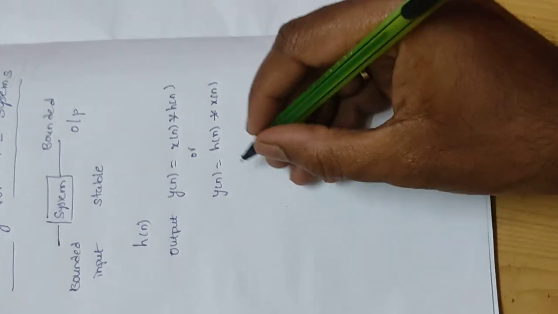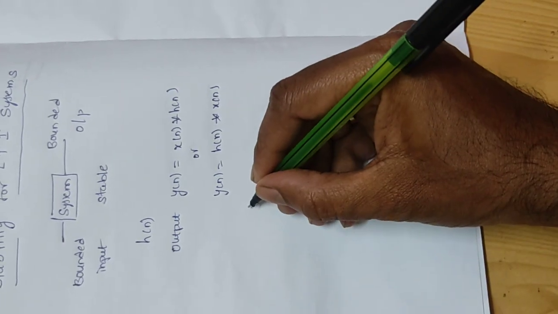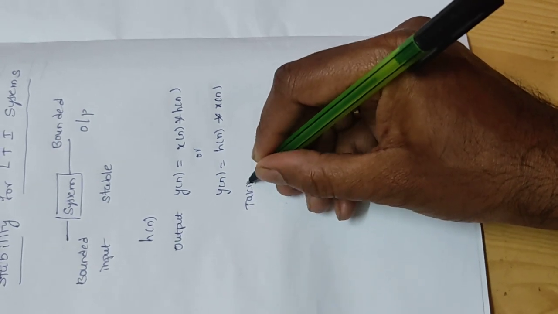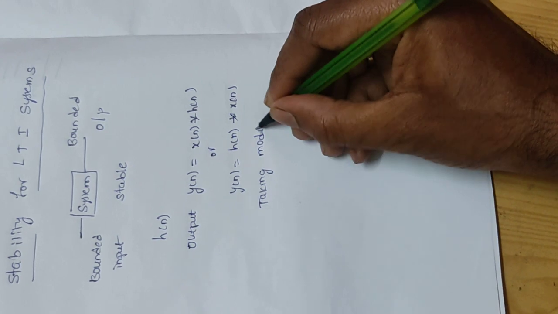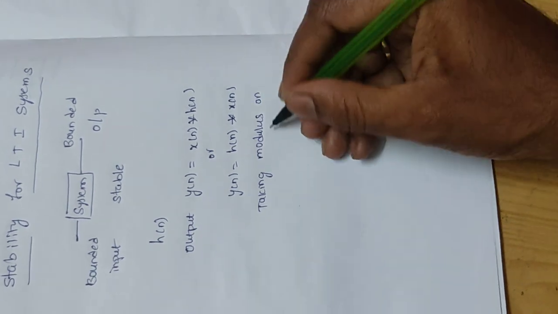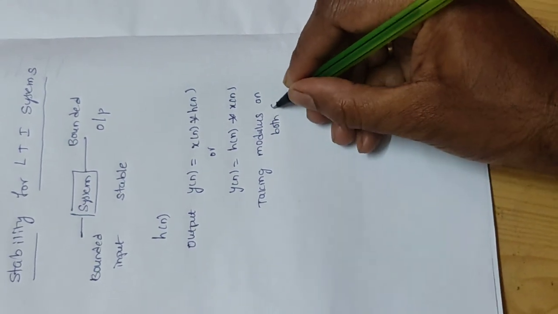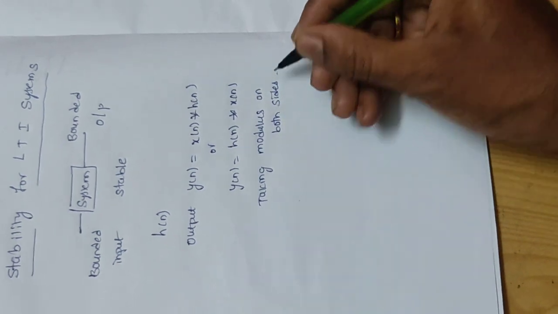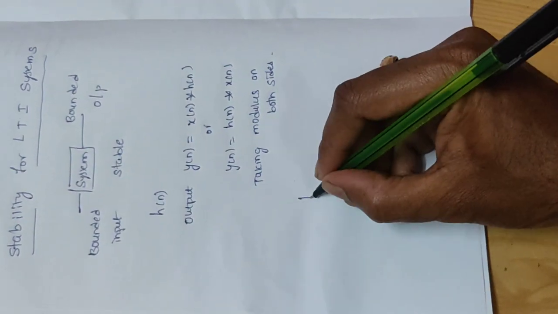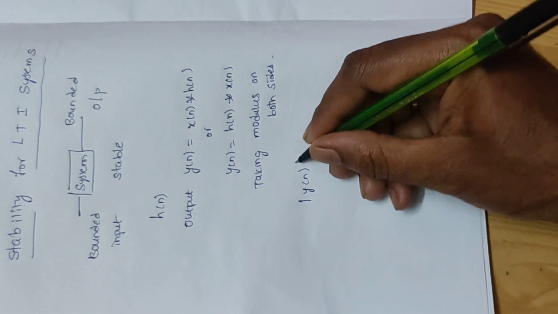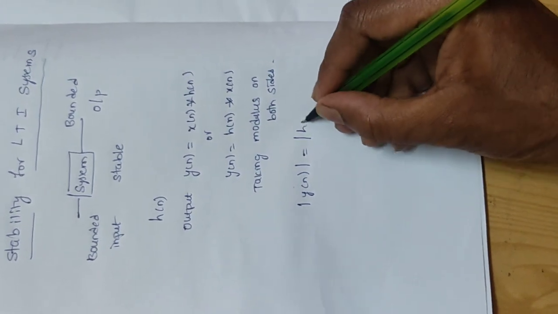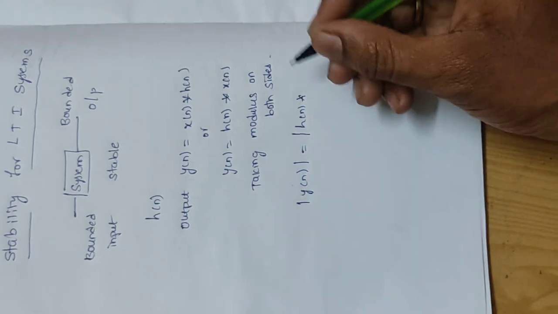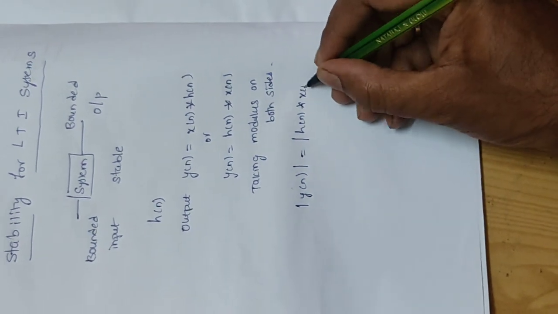Okay, so taking modulus on both sides, modulus of y of n is equal to modulus of h of n convolved with x of n.